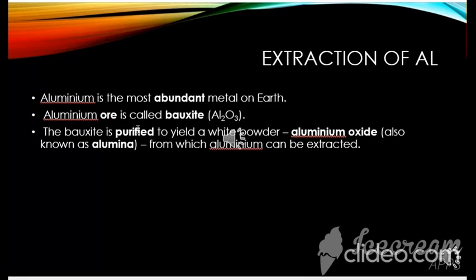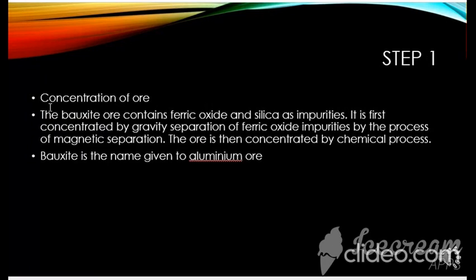Before going to the procedure, I am going to tell you the steps. First step is the concentration of ore. Second step is to get the alumina from bauxite ore.